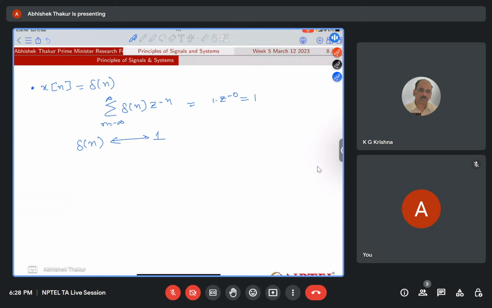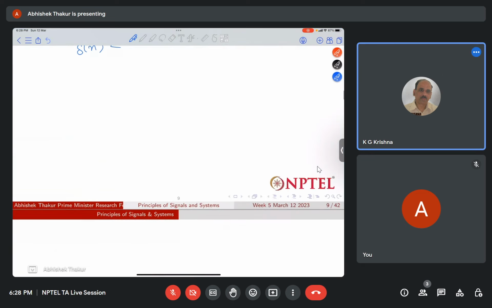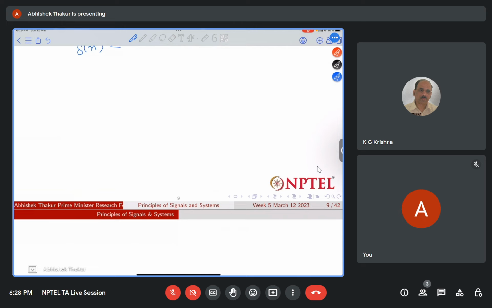So we'll take some examples. This time we will find the Z transform of a signal which includes both the right-hand side and left-hand side unit step.